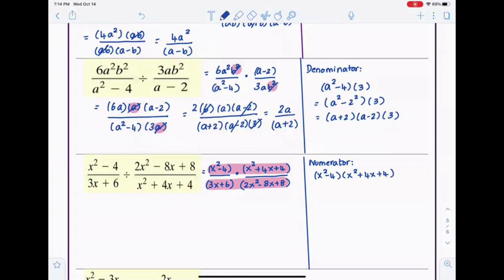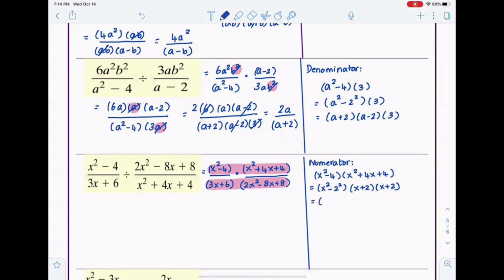X squared minus 4 is simply x squared minus 2 squared. And x squared plus 4x plus 4 is simply x plus 2 times x plus 2. The first factor, x squared minus 2 squared, is a special product.